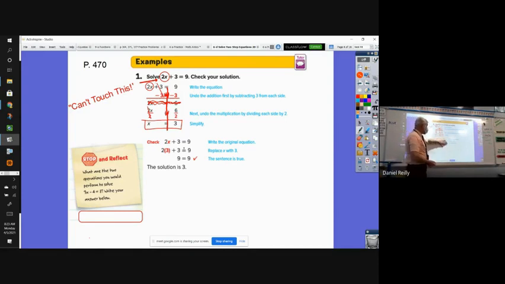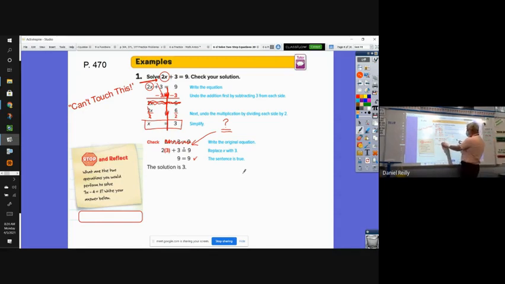I do not make you rewrite the original equation in the check. Instead of x in the original equation, I put in 3, the number that I think x is equal to. Notice that this is an equal sign with a question mark on top, because I'm not sure that these are equal. I am checking it.